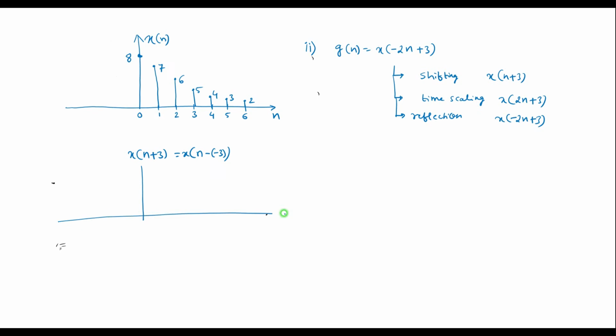So x of n plus 3 is same as this signal but begins at n equal to minus 3. This is minus 2, minus 1, 0, say 1, 2, 3, 4 and so on. So at minus 3 it is 8. Then we have 7, we have 6, we have 5, 4, 3 and it is 2.